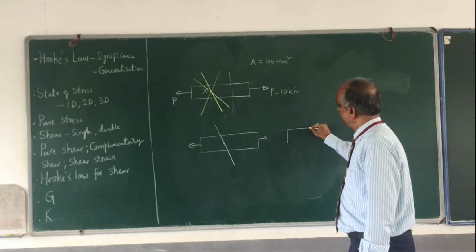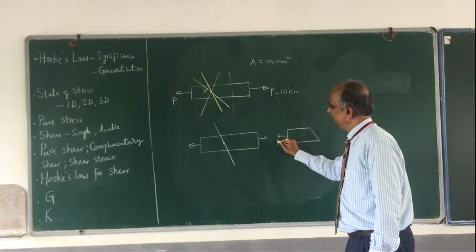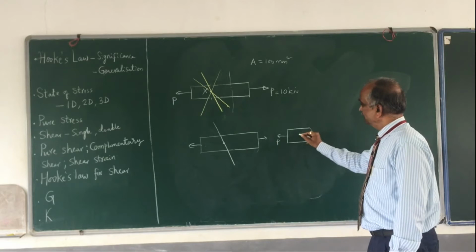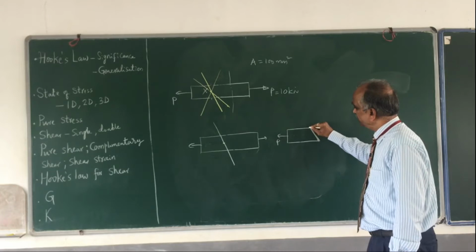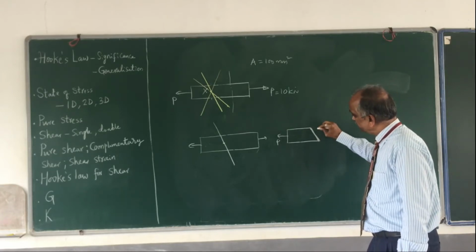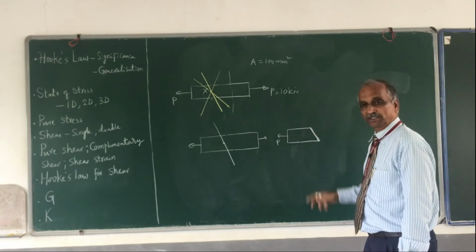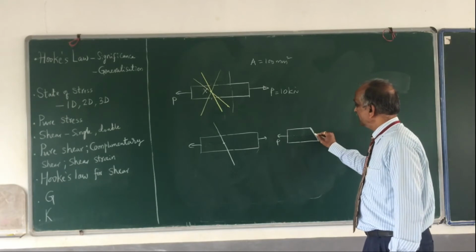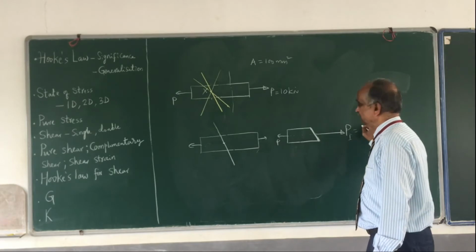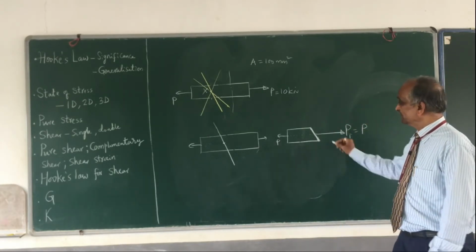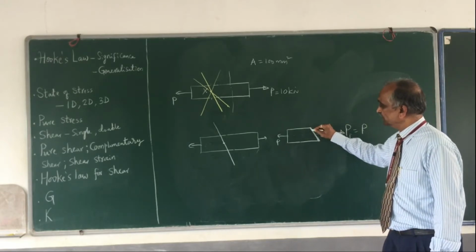If I take the left hand portion, this is P. For equilibrium, the material at this section where you have taken the cut shall produce an internally developed force, which I call Pi, and this also must be equal to P. Please remember, this Pi, which is equal to P, is not normal to this section.